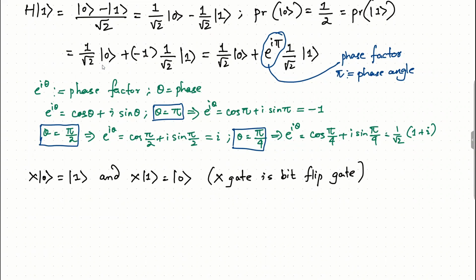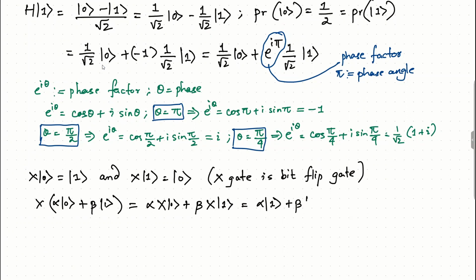If I apply X to a general qubit state, let's say alpha 0 plus beta 1, then X would operate on 0 and X would operate on 1, so it would give me alpha times 1 plus beta times 0.